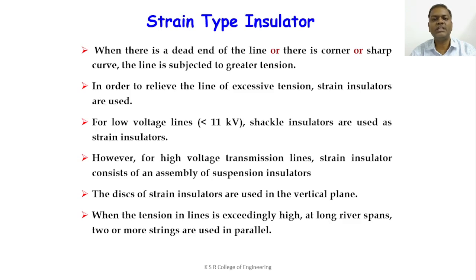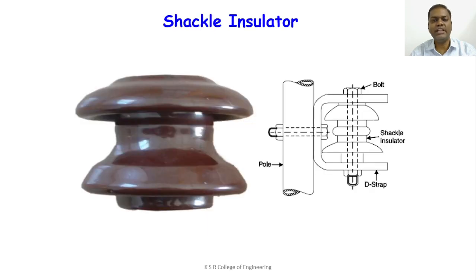For low voltage, less than 11 kV, strain type insulators are used. However, for high voltage lines, the strain insulator consists of an assembly of suspension insulators. The discs of strain insulators are used in vertical planes. This is where the tension in the line is exceedingly high. For long spans, 2 or more strings are used in parallel. This is about the strain type insulator.